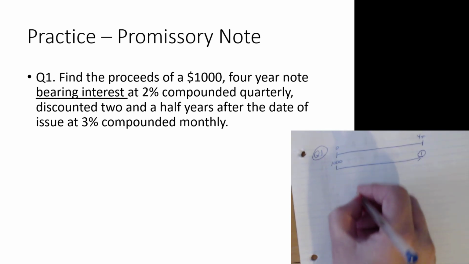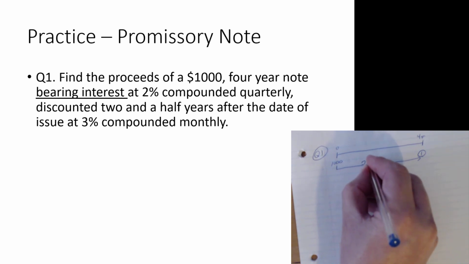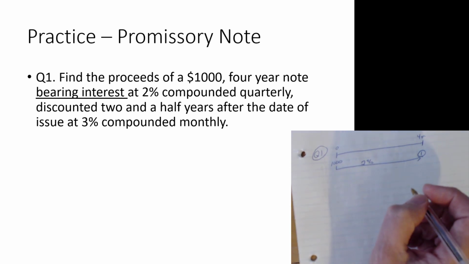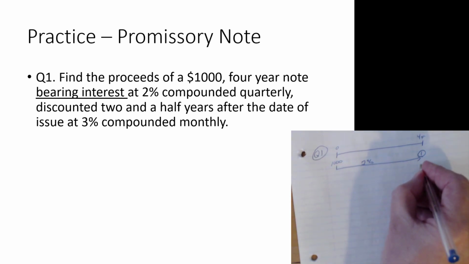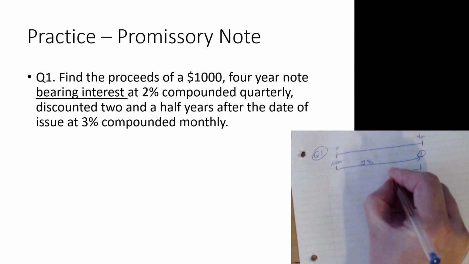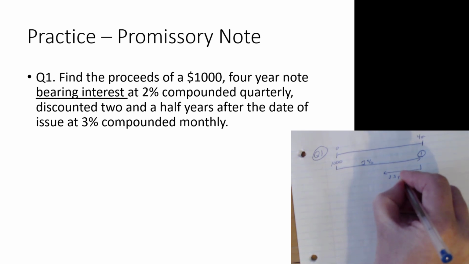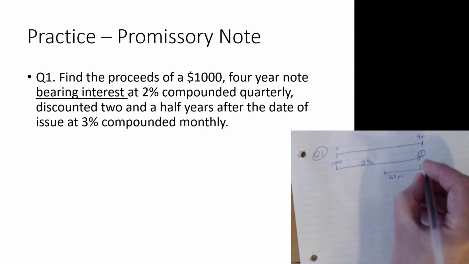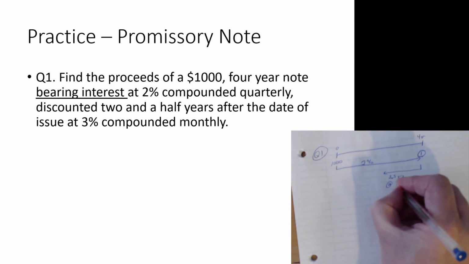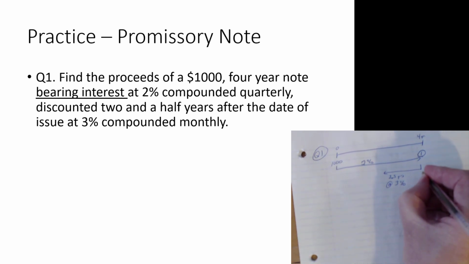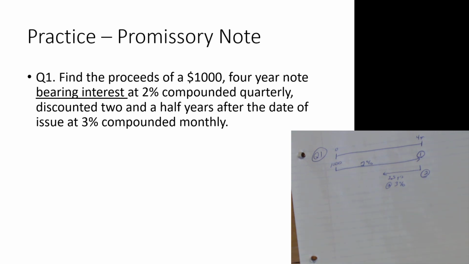Step 1. We're going to find the future value. It's got 2% on it. And then step 2 is we're going to go back, discount that back 2.5 years at 3%. Okay, and that is our step 2. So 2-step procedure, we've got that all sketched out.